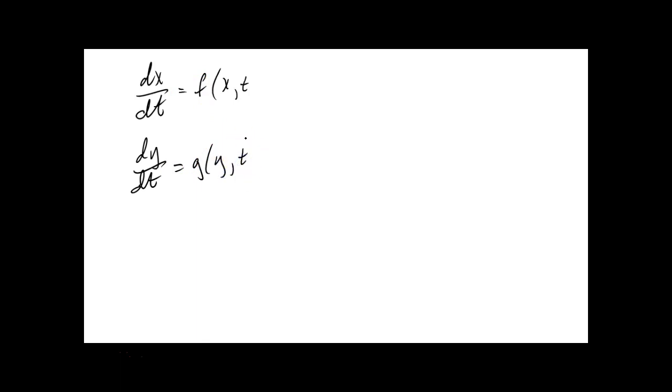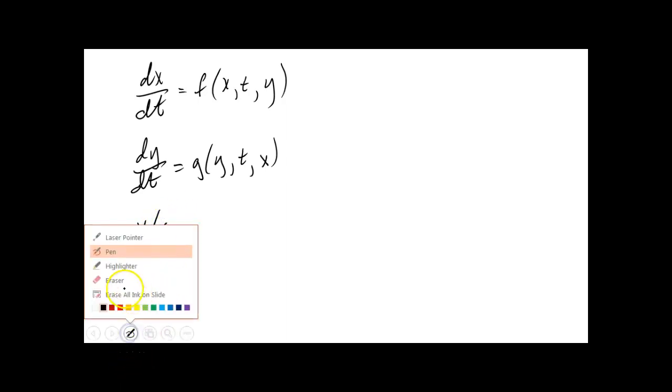But since this is a system of equations, this one could have a y in it, this one could have an x in it. But it's a function only of those variables. Since they're connected together in a system, you could have y's or x's in each one of them.